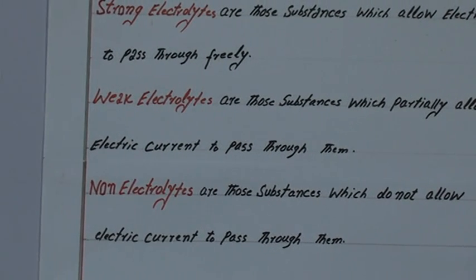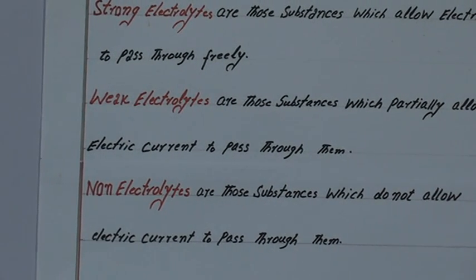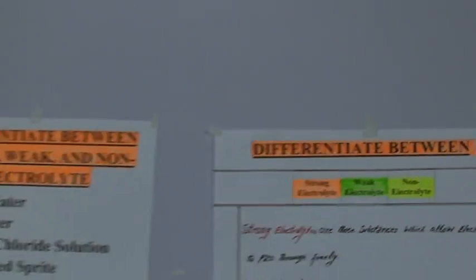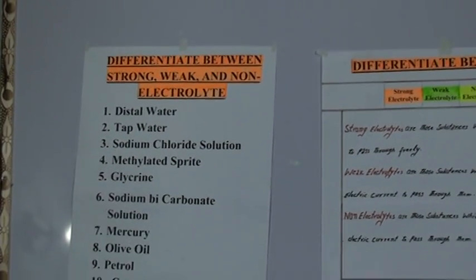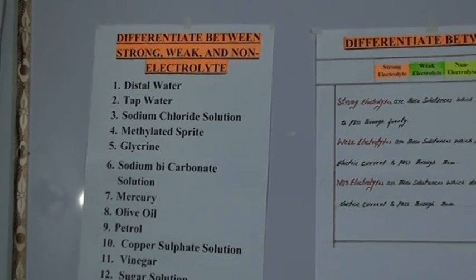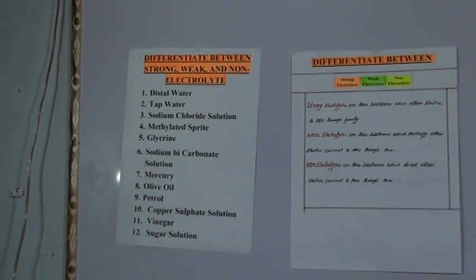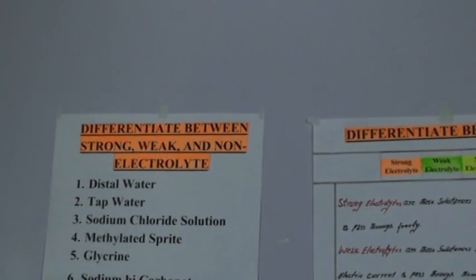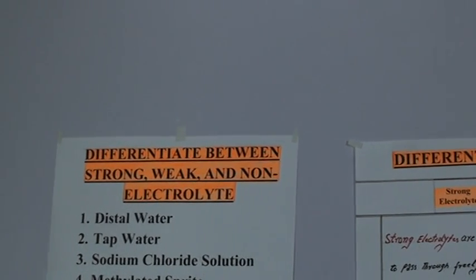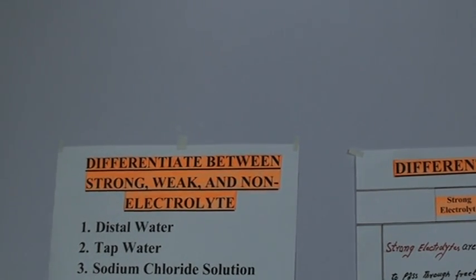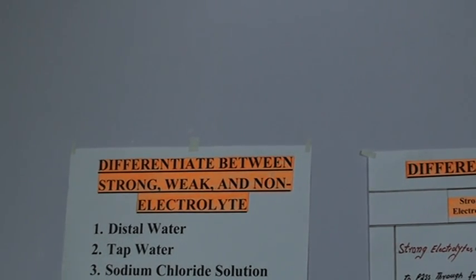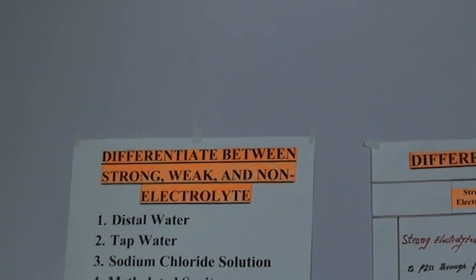On the basis of this characteristic, we have taken 12 different substances. Now we are going to differentiate between strong electrolytes, weak electrolytes and non-electrolytes.